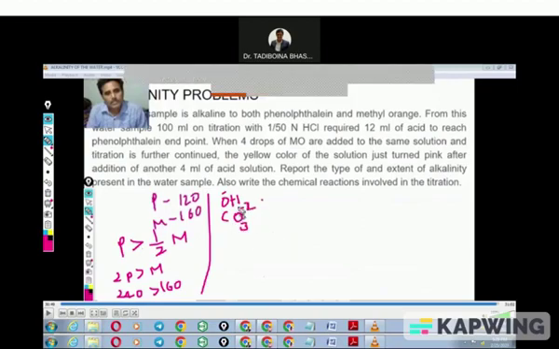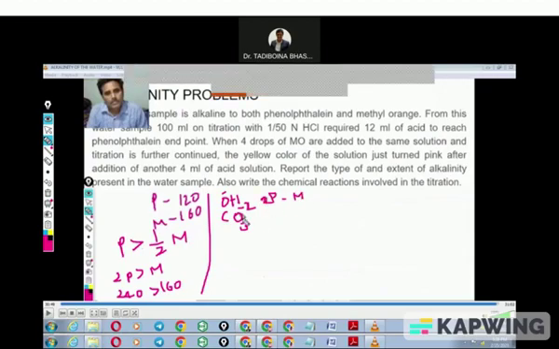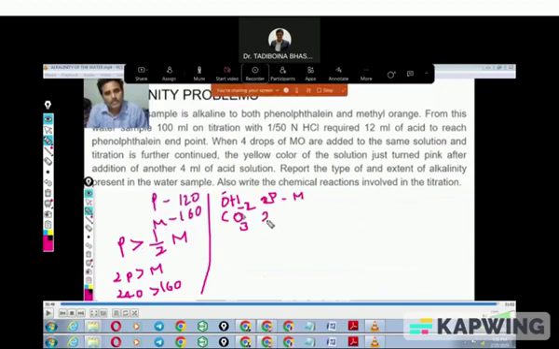So how can you estimate the ions? What is the formula?